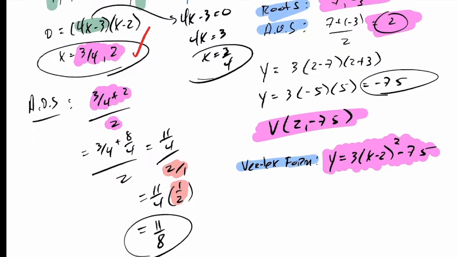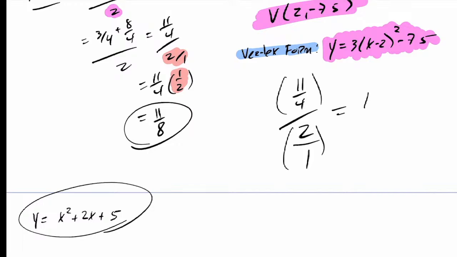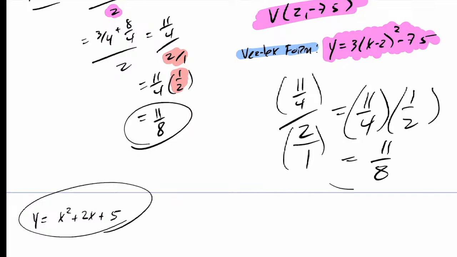You flip it because you're dividing. In this question here, I had 11 over 4 divided by 2. I wanted to evaluate that, so I had to put it over 1. So I have a fraction divided by a fraction, in which case I can change it to multiplication, but you have to flip, which is 11 over 8.